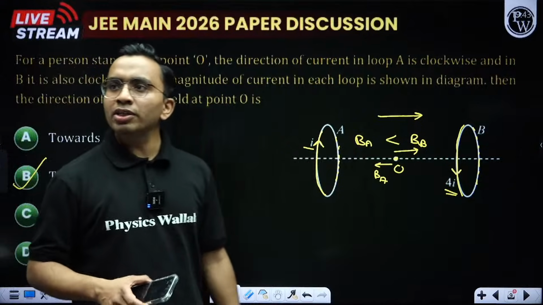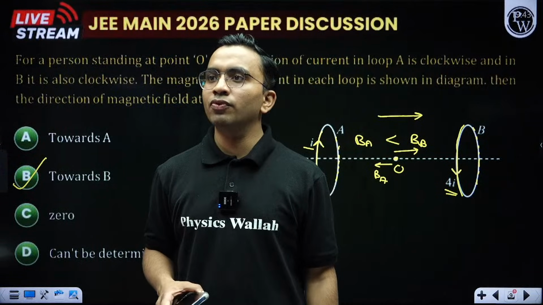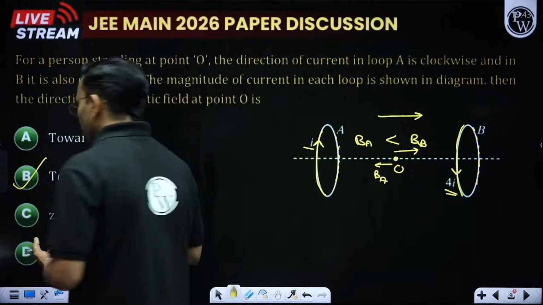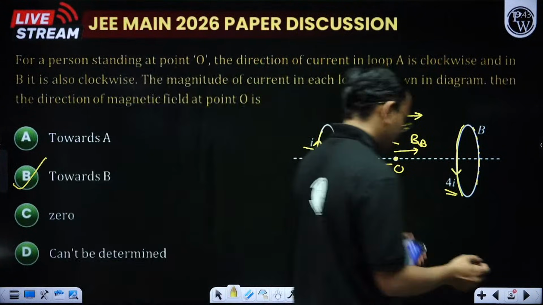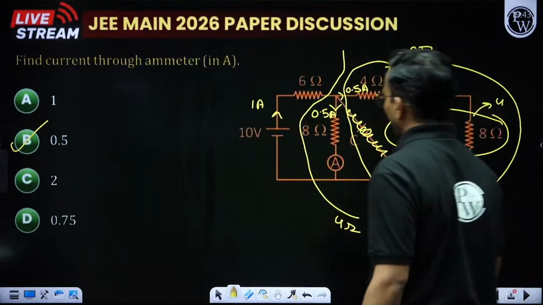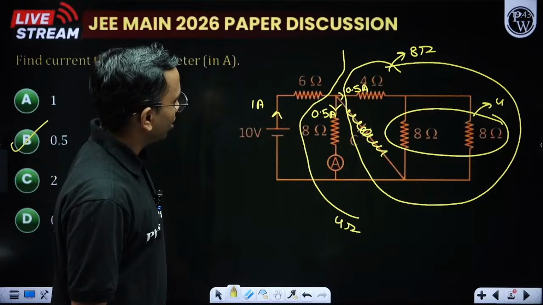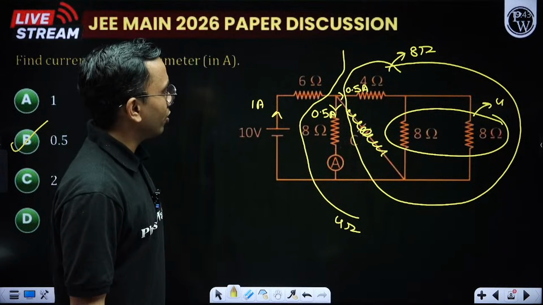The emitter was opposite to the 4 ohm resistor. Opposite to the 4 ohm resistor means what? Okay, I got it.